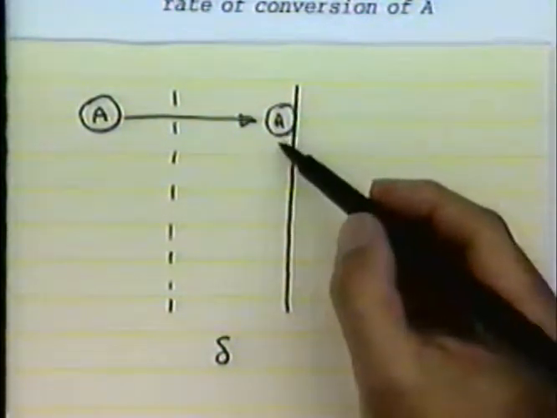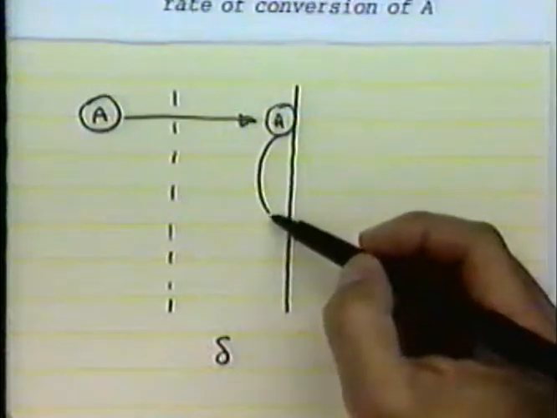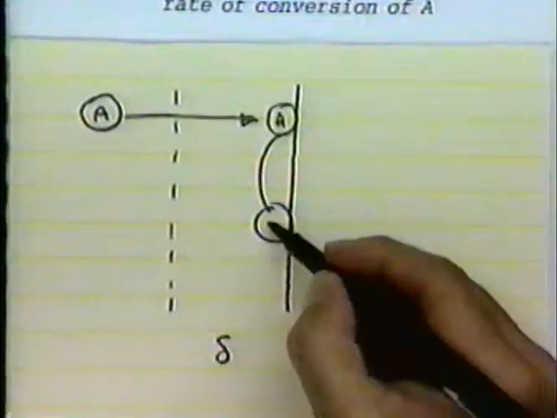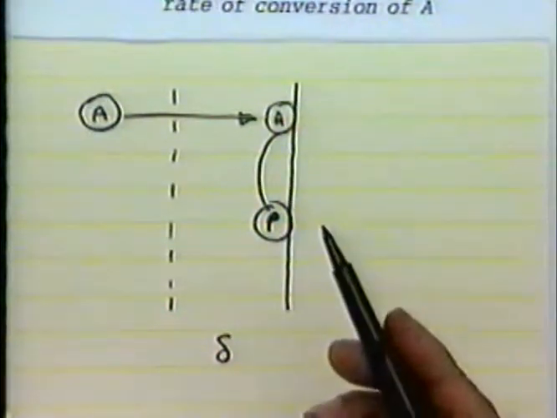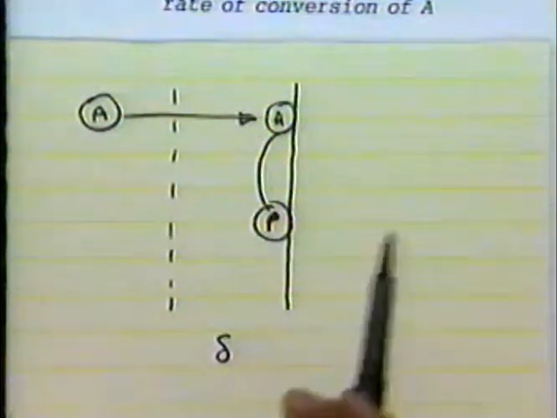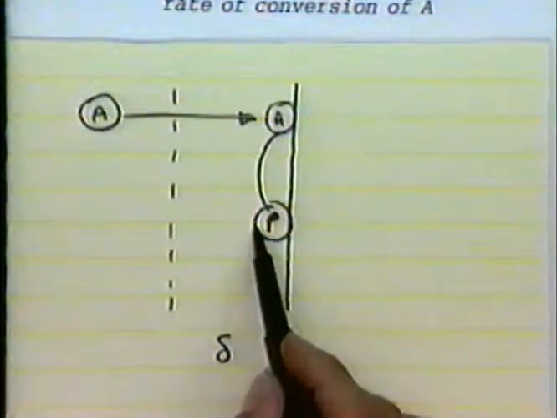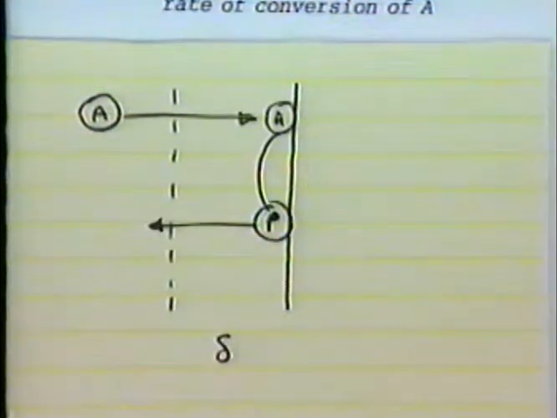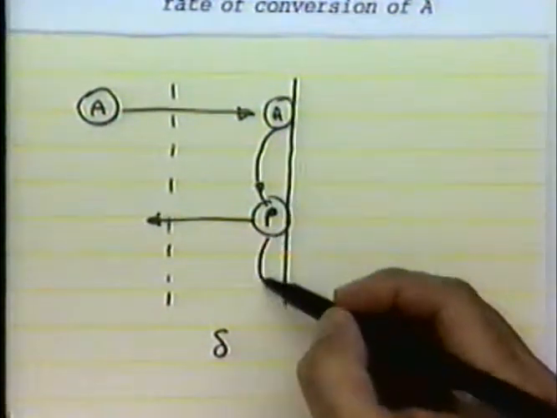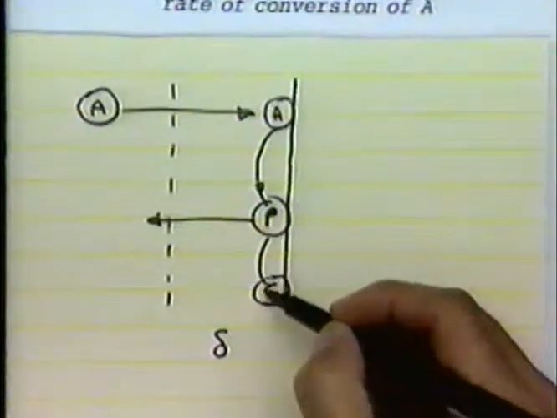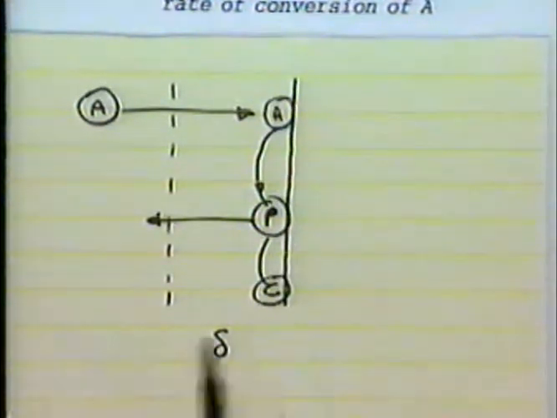This reactant A will react and make product P. Now this product P can go two ways. It can either desorb back to the main gas flow, or it may react to make the unwanted product C.